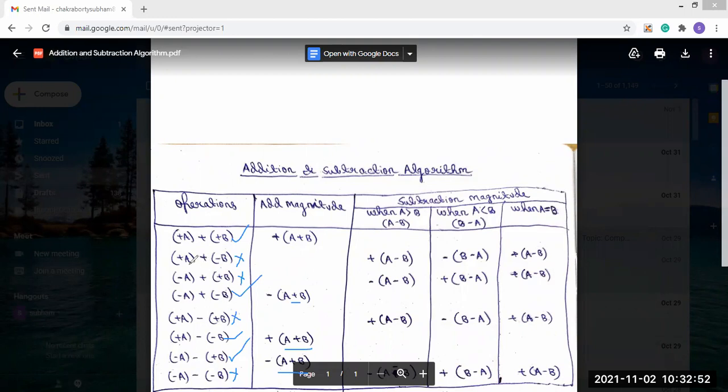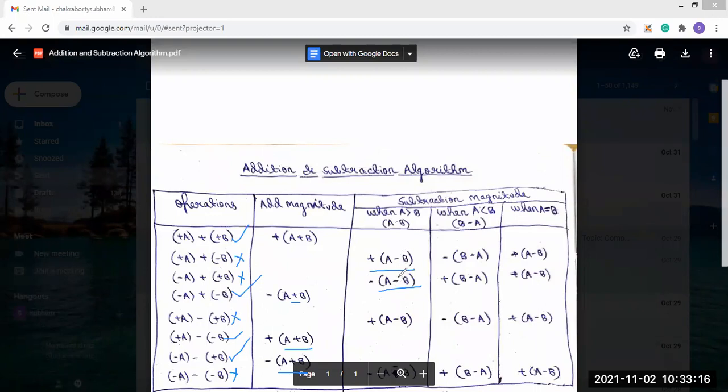So now in the subtraction magnitude, it will be plus A minus B. Because A is greater than B, here A minus B, so we will take that. Now if we take the minus common, it will be minus A minus B. We will take this, because in the middle minus should be present.